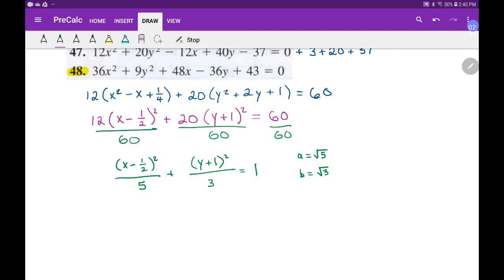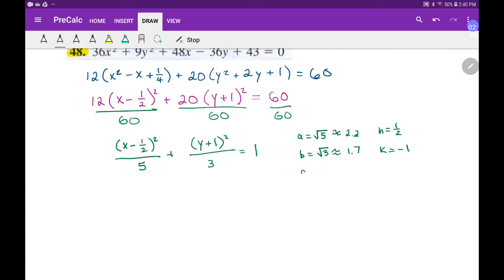The square root of 5 is roughly 2.2, and the square root of 3 is roughly 1.7. We'll say that h is equal to 1/2 and k is equal to -1.